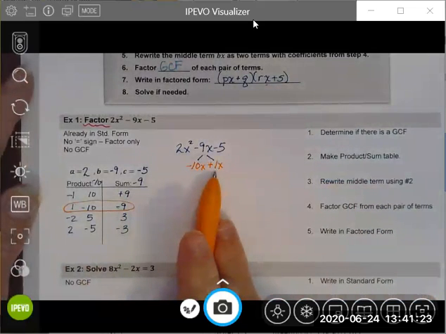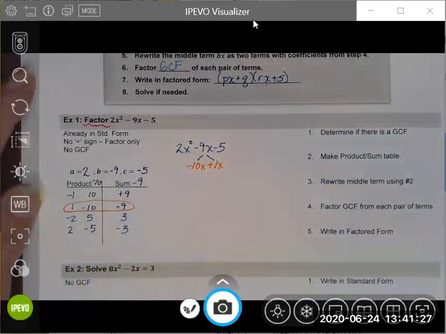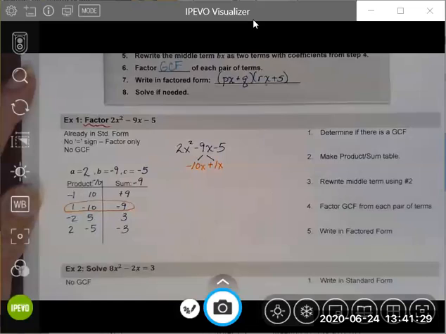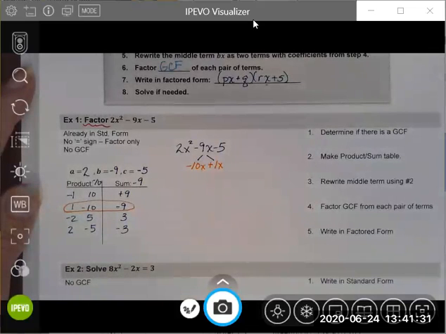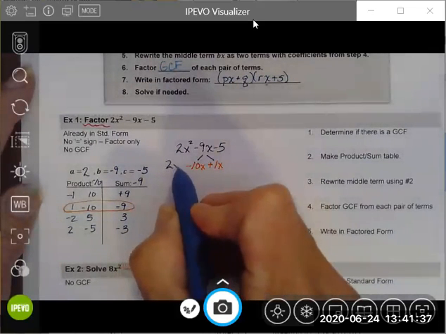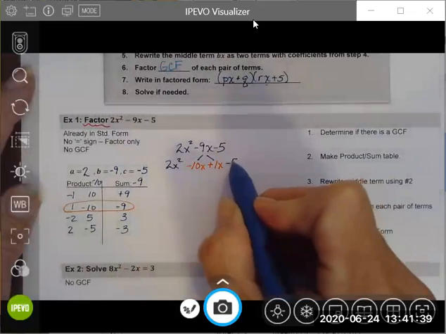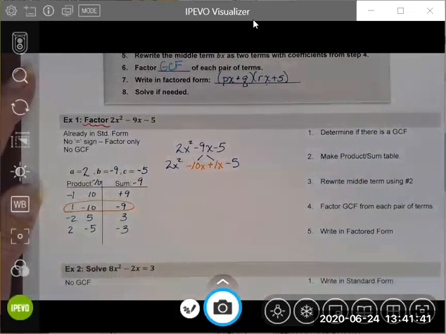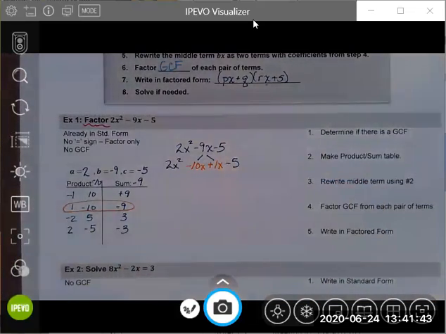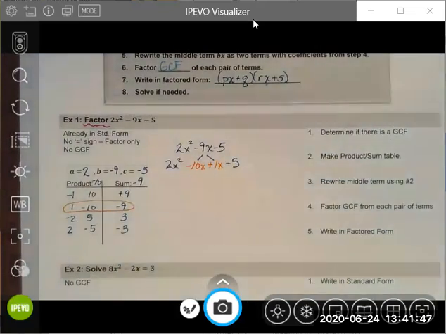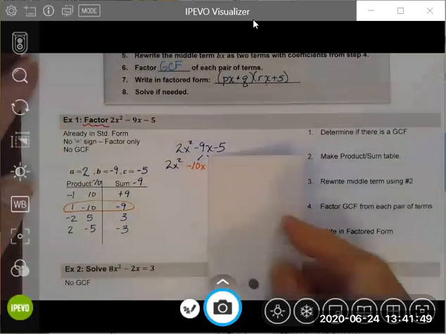Hopefully if you check this, -10x plus 1x will combine to make -9x. What we're doing in this process is undoing the distributive property that perhaps was done previously. The first term does not change, and my last term does not change. From here, I can use the grouping, or GCF work, that I learned in the previous lesson.